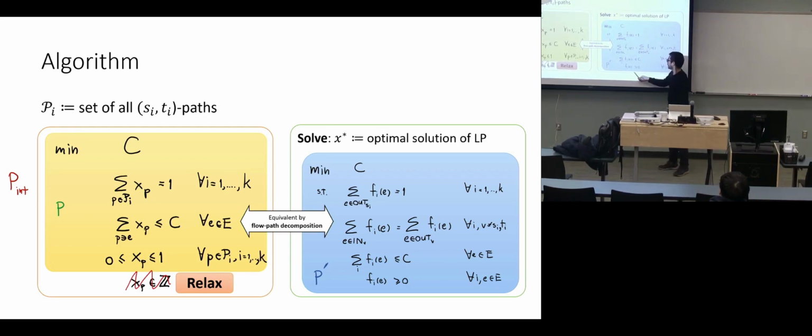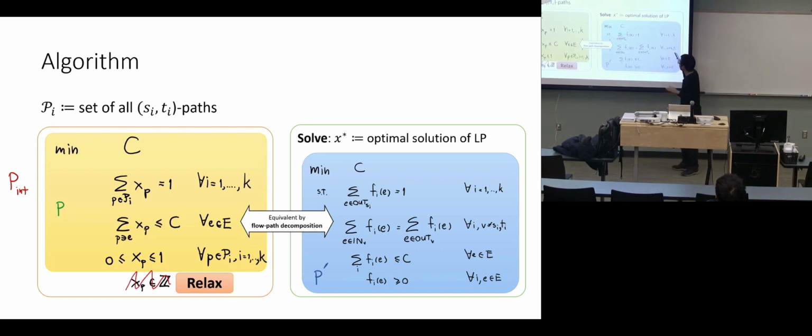I create f_i(e), a variable for each edge e and each i. This is the flow for the i-th pair on edge e. What I need is to send one unit of flow from Si. The flow out of the i-th source needs to be 1.